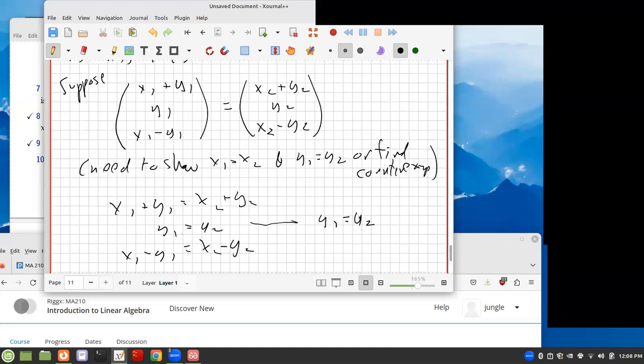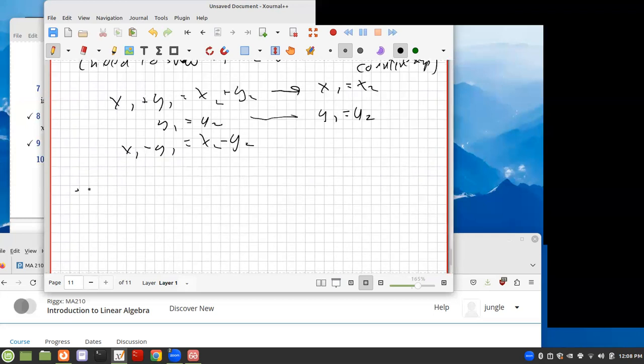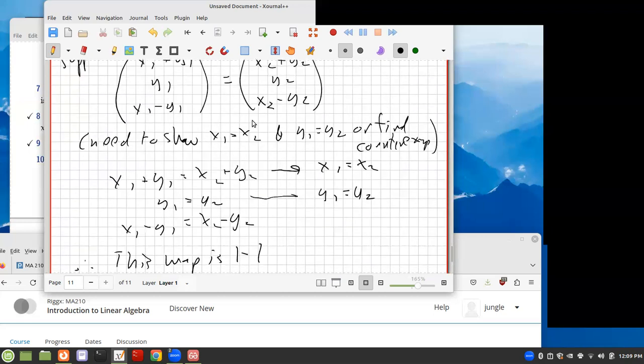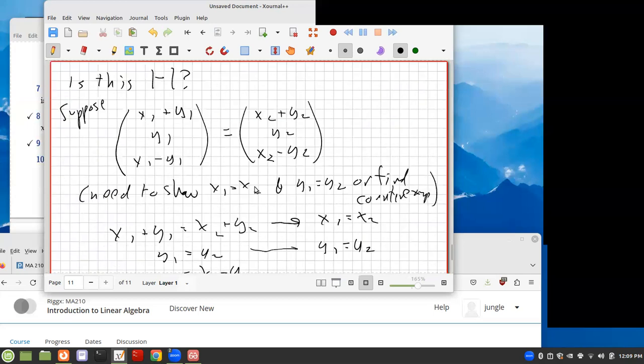Now, if y1 equals y2, then in the first equation I can cancel off the y1 and y2 because they're the same, and this gives you x1 equals x2. Therefore, this map is one-to-one. So we suppose that the images are the same, then discover the vectors are the same.